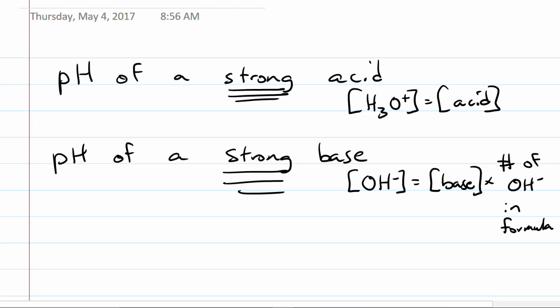So again, in a strong acid, the hydronium ion concentration is equal to that concentration of acid. In a strong base, the hydroxide ion concentration is equal to the base concentration times the number of hydroxide ions in the formula.